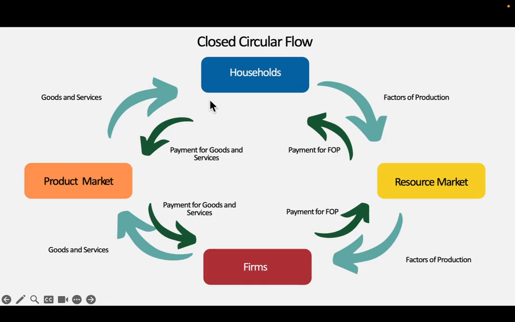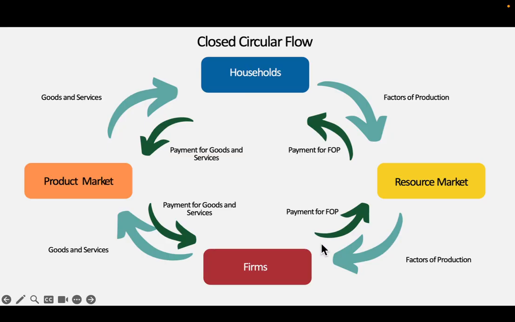So, for example, a household is going to go to a product market, like a place where they can buy products, and they're going to give money to pay for goods and services. A product market will give goods and services to a household. For a product market, they're going to pay for goods and services to a firm. Firms will provide goods and services to a product market.